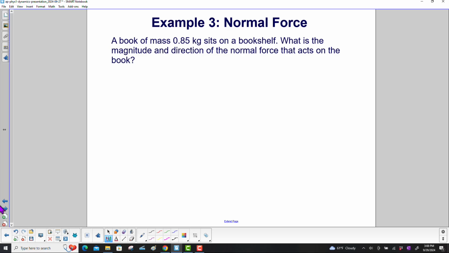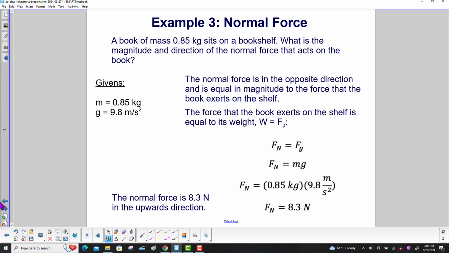Example 3. A book of mass 0.85 kilograms sits on a bookshelf. What is the magnitude and direction of the normal force that acts on the book? The givens are the mass, and of course the value of g. The normal force is in the opposite direction and is equal to the magnitude of the force that the book exerts on the shelf.